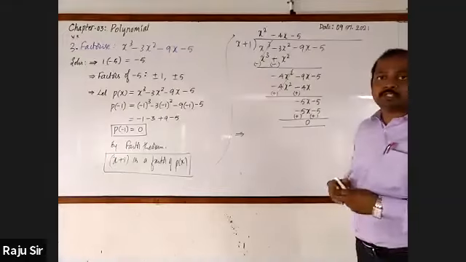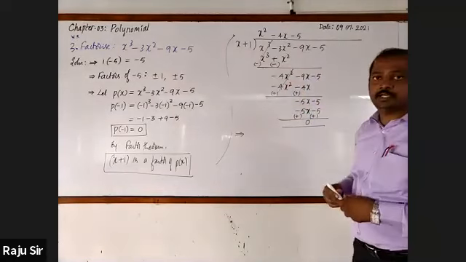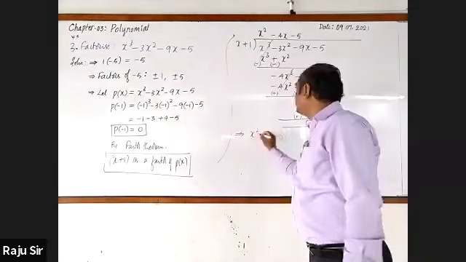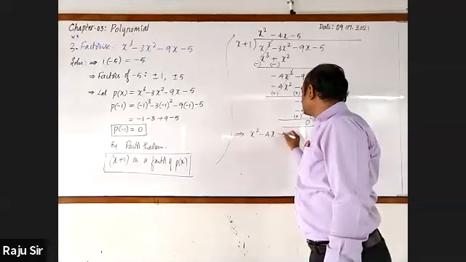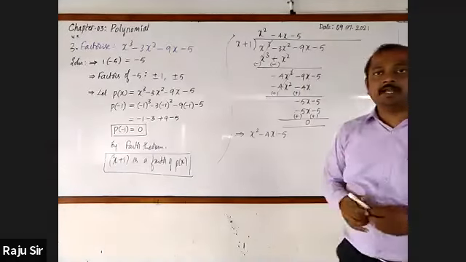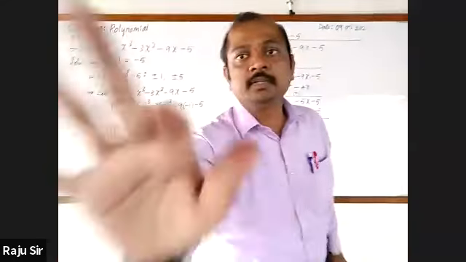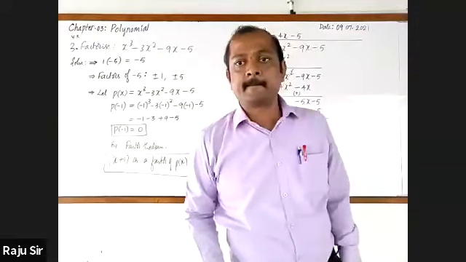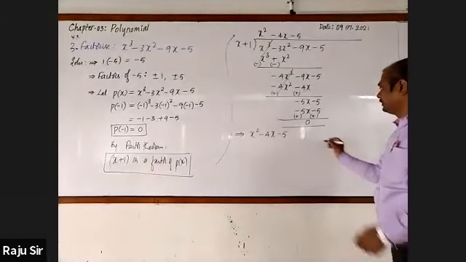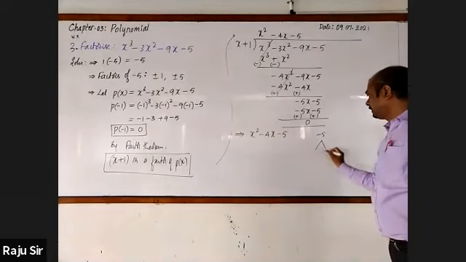Take the quotient. Well, the quotient is x square minus 4x minus 5. Now, it should be factorized by splitting the middle term. Lakshmi Shri, the middle term is minus 4. I want the factors.